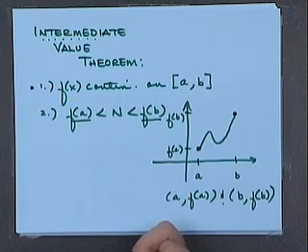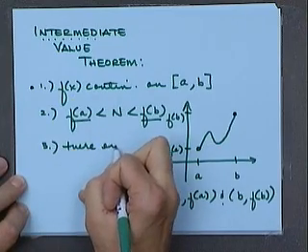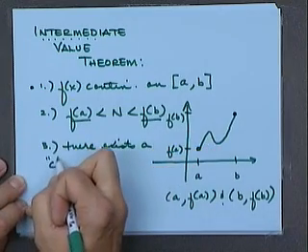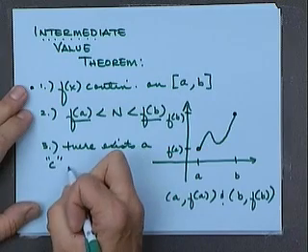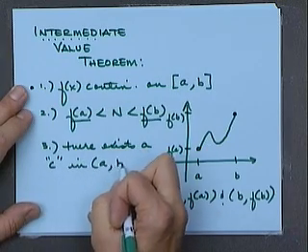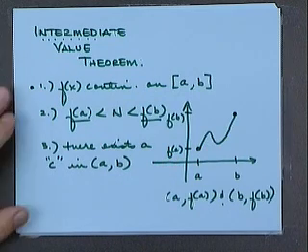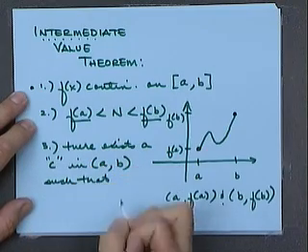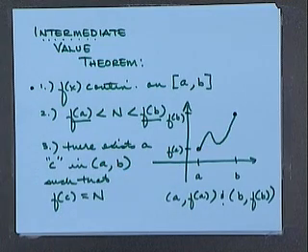If we pick any of them, so there exists a C value, and in fact possibly more than one, but the theorem guarantees at least one, somewhere between A and B, not at either end, but somewhere between these 2 points, such that the f of this C value is capital N.